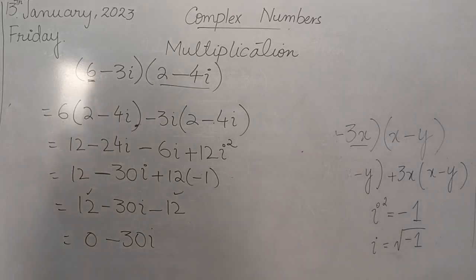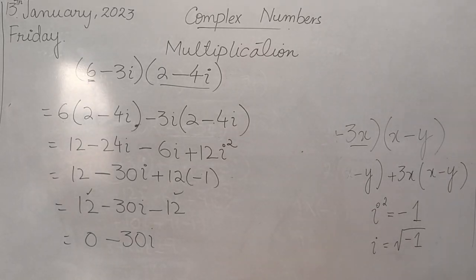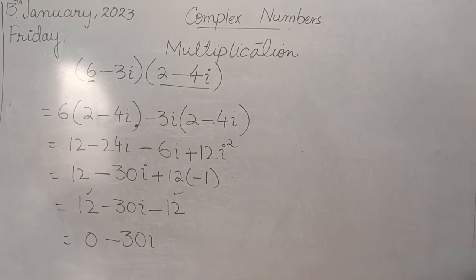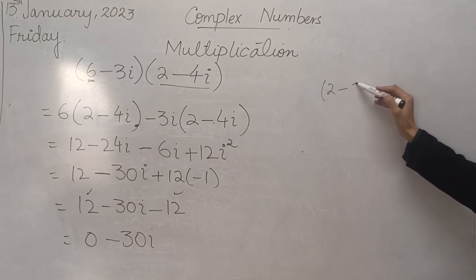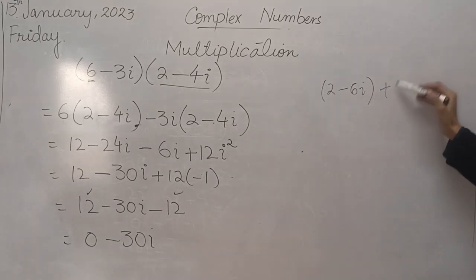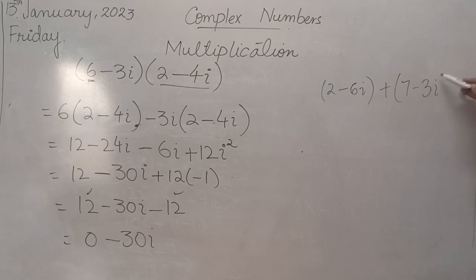Let's wrap up the lesson. First of all, we read about addition of two complex numbers. We learnt that if we have two numbers, 2 minus 6 iota and 7 minus 3 iota, what is the rule of addition?